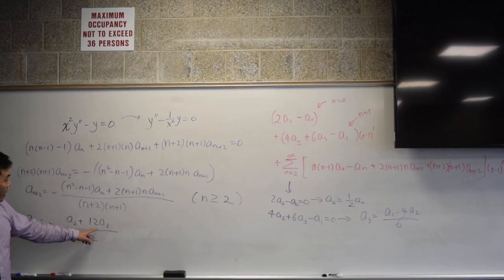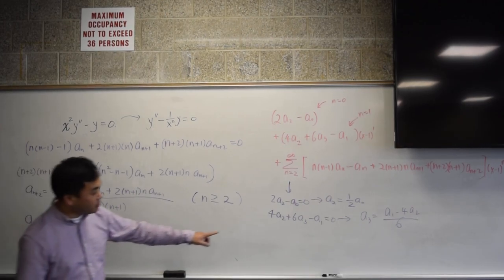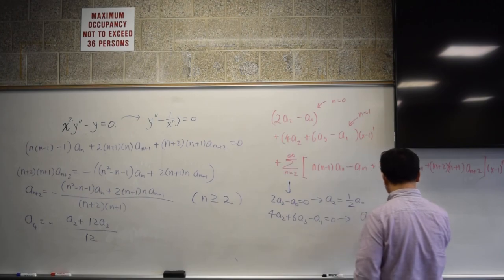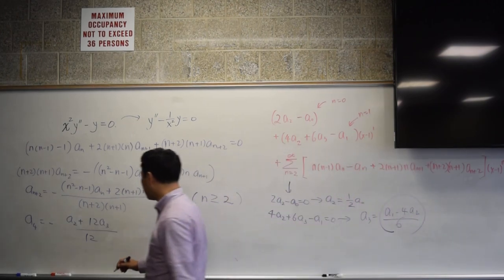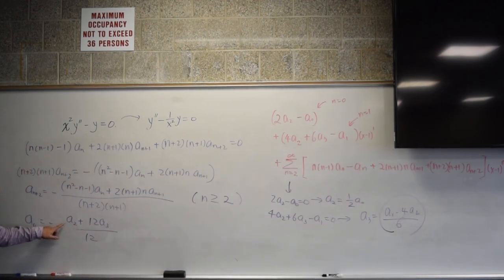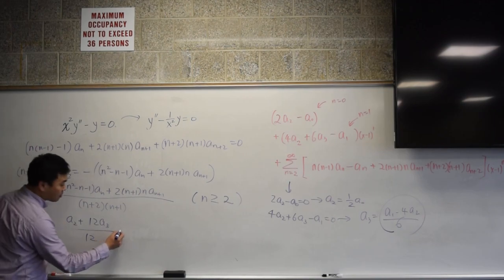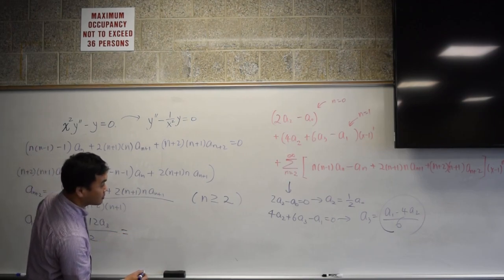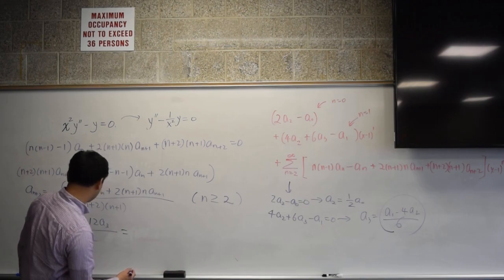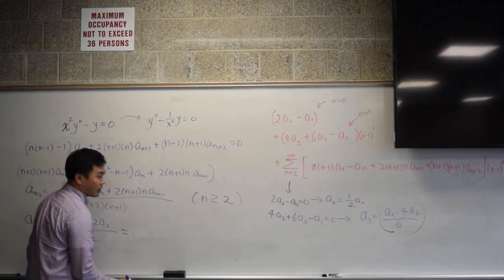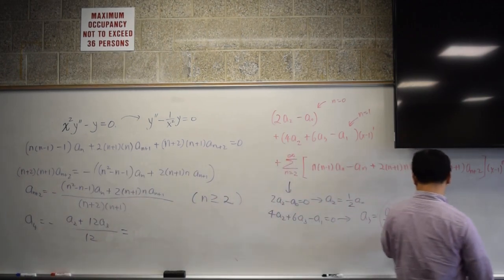But then a3 is this thing over 6, right? So if I plug this in over here, and also a2 is 1 half a0, so if I plug them in, oh, you know what? I should have done more here.